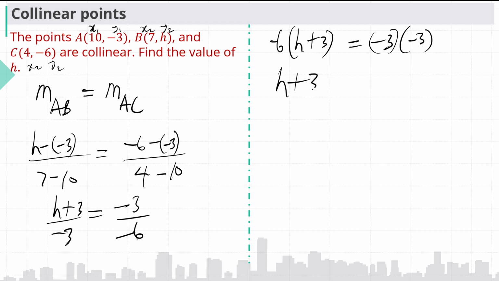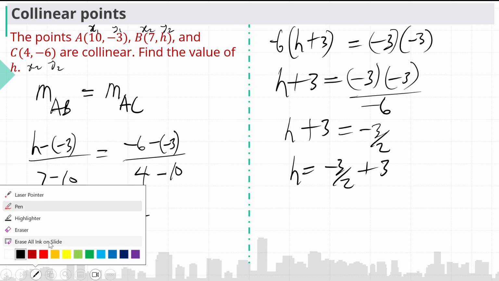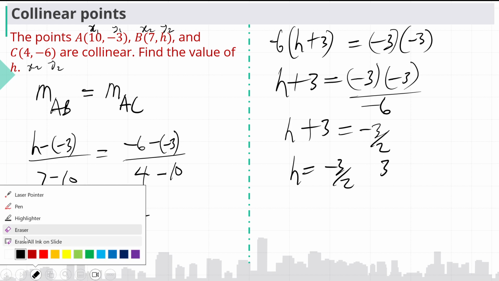And that gives h plus 3 equals minus 3 divided by 2. So h is minus 3 divided by 2 minus 3. When you subtract 3 from both sides, you now get your equation this way.